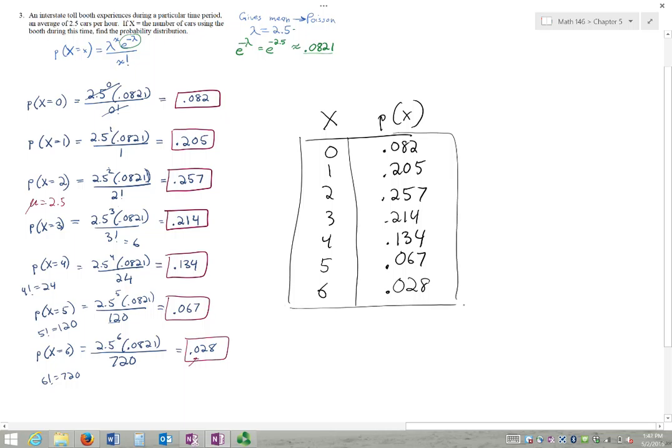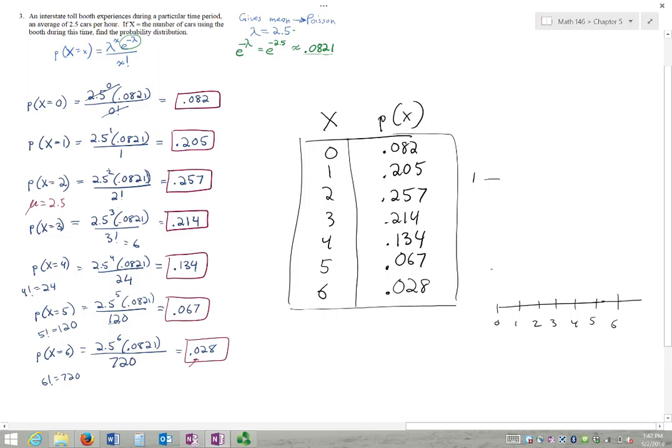And of course, you could set this up in a histogram or a dot plot, let's say. I'm just going to kind of eyeball it. So we have 0.082, let this be 1.